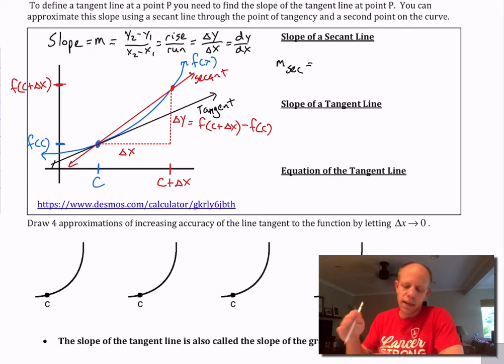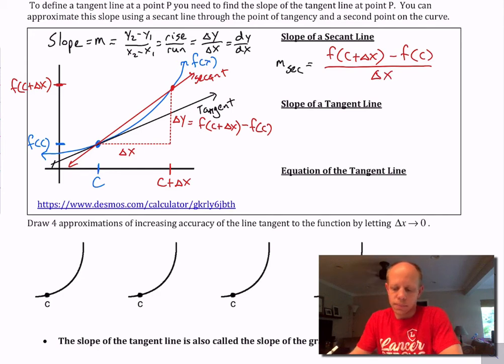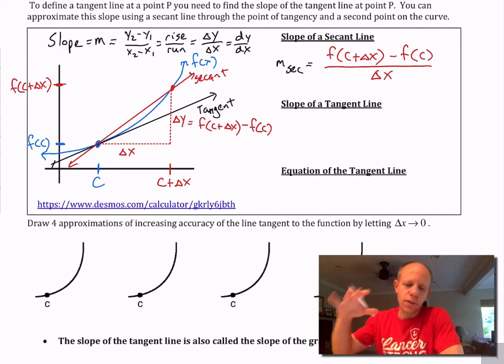So if we're going to find rise over run, or y2 minus y1 over x2 minus x1, we get the slope of the secant line to be f(c plus delta x), which is my y2, minus f(c), which is my y1, divided by c plus delta x minus c, which is really just delta x, the change in x. So that's the formula you're going to use to figure out the slope of the secant line.